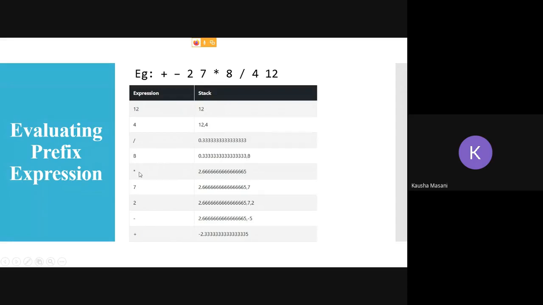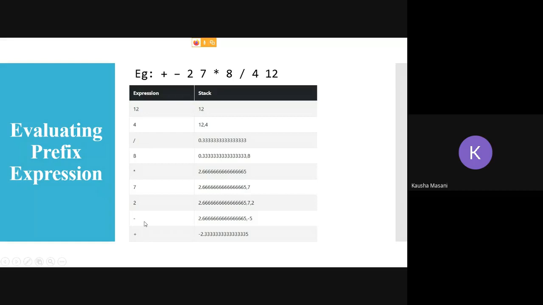Then it is star. Again pop out the top 2 operands. So 8 popped out, and this 0.333, something like that, till that decimal point got popped out. So 8 into 0.333 is 2.66666 till some decimal value. Then 7 came, so you pushed 7 into the stack. Then 2, you pushed into the stack.